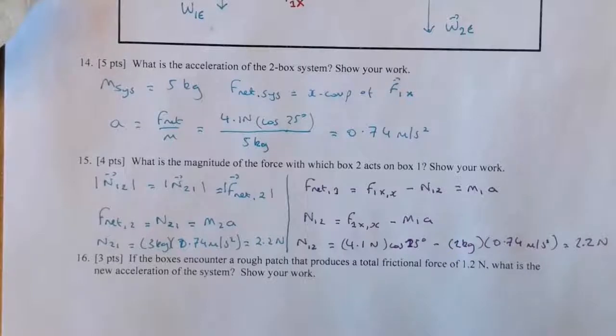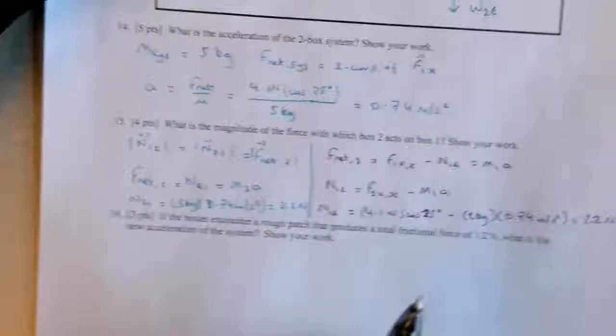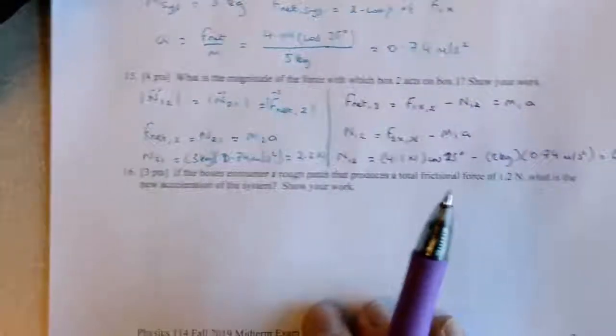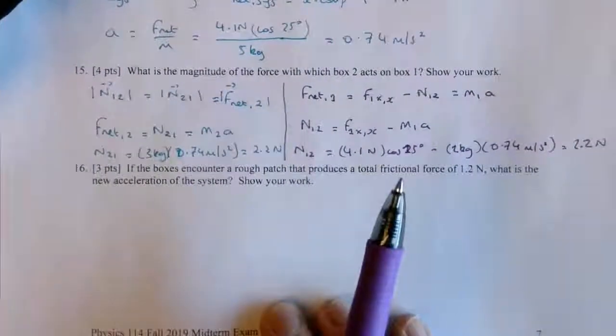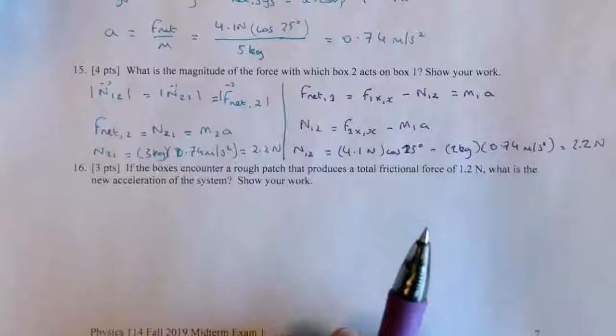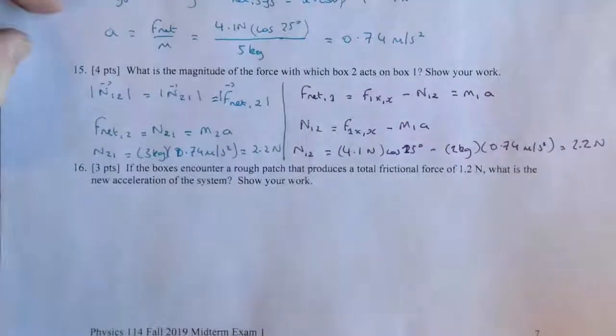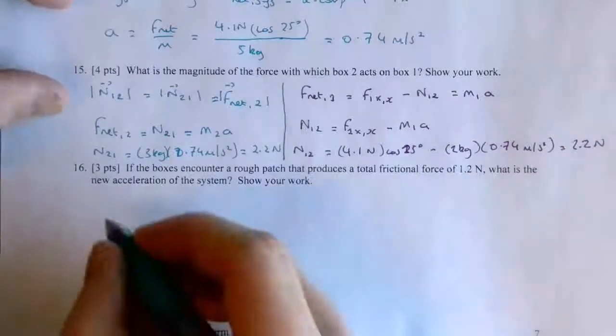And then for the last question, we're introducing a friction force. The box encounters a rough patch that produces a total friction force of 1.2 newtons. What's the new acceleration of the system? In this case, the net force on the system is not just the x component of the pushing force, but you'd have to take into account the friction.